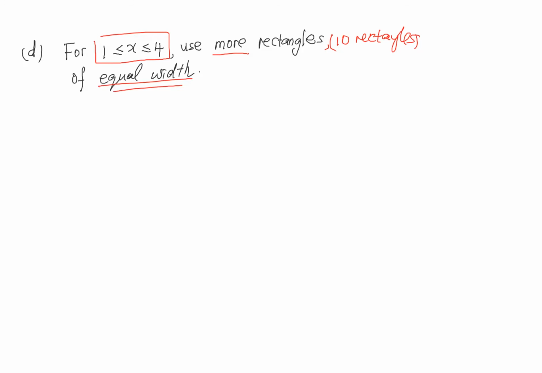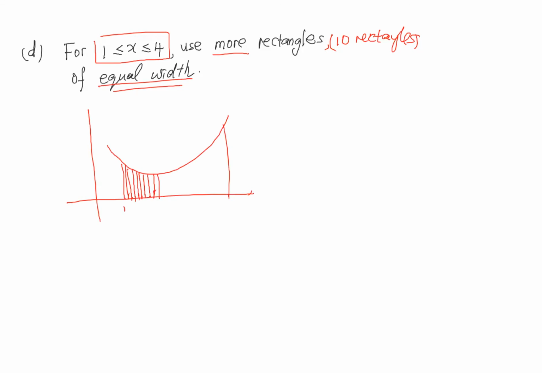Do you know why? Why must I mention equal width? Every question I have to mention equal width. Because in this case, if I don't mention equal width, I can use 10 rectangles. From 1, I draw 1, 2, 3, 4, 5, 6, 7, 8, 9, then 10 rectangles.